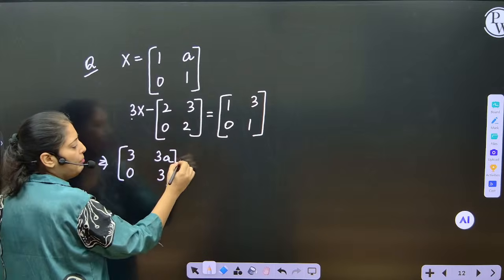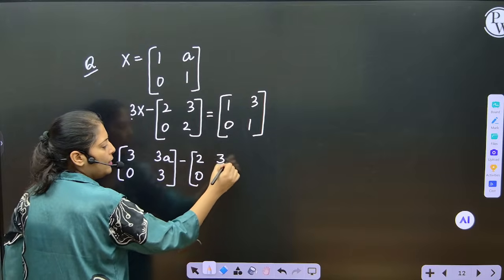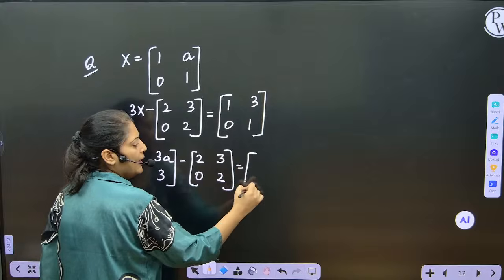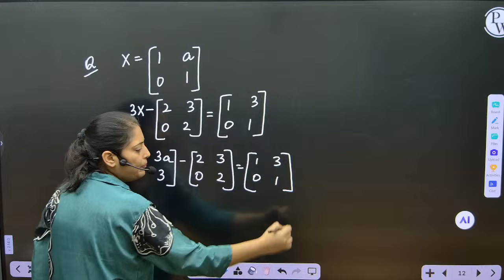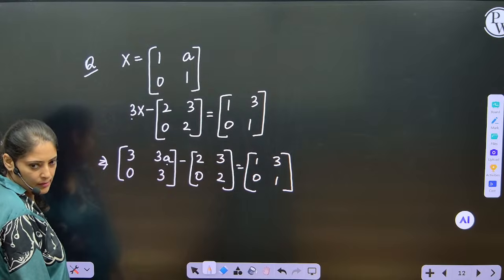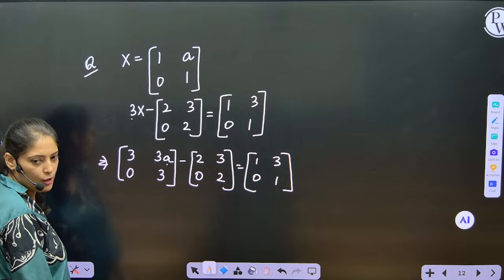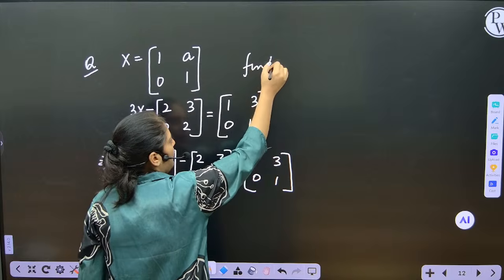Alright, minus this matrix as it is, 2, 3, 0 and 2. The answer we will get is 1, 3, 0, 1. Okay, we have to find the value of A here. Find A.